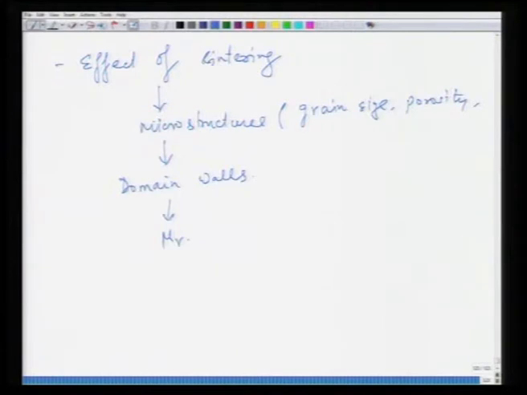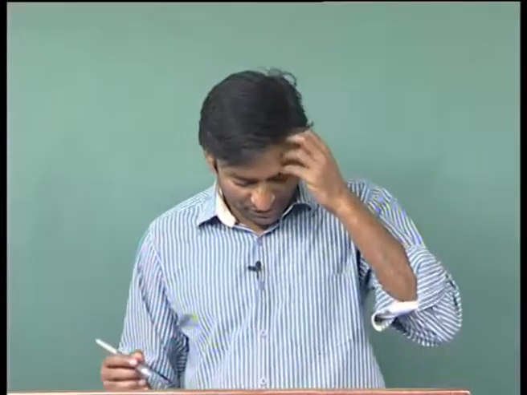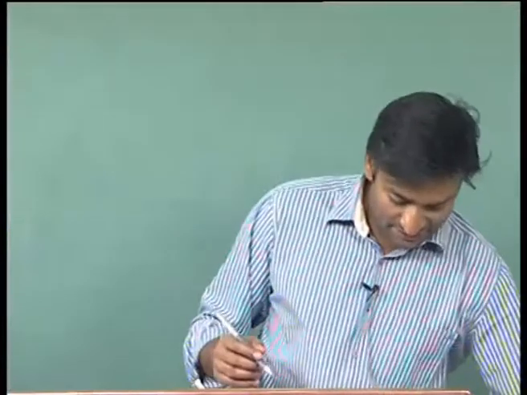So essentially if you have a microstructure which leads to pinning of domain walls, or if you have porosity, then this reduces the permeability of the material. I'll show you some of the effects of this.